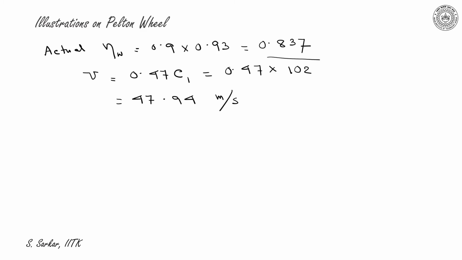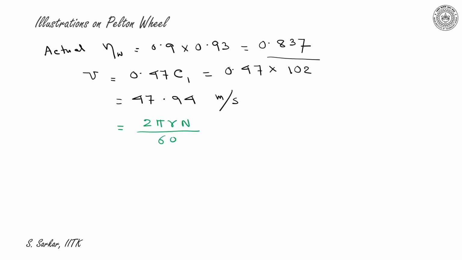Now this can be written as U is nothing but twice pi R N divided by 60. R is the radius of the wheel.